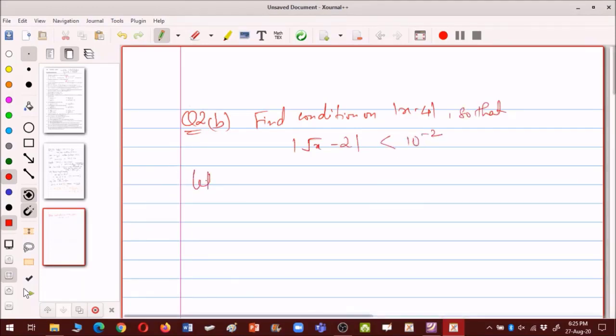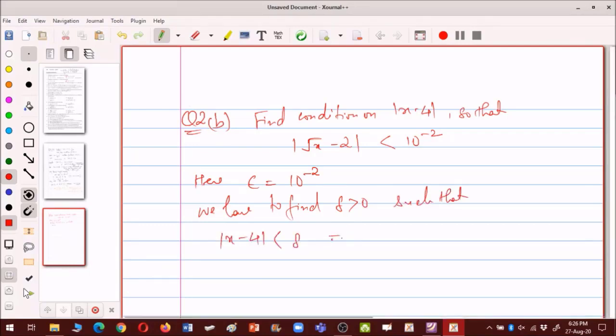So in this case, let epsilon be equal to 10 raised to the power minus 2, and we have to find delta greater than 0 such that mod x minus 4 less than delta should imply root x minus 2 less than epsilon. So this is what we want.